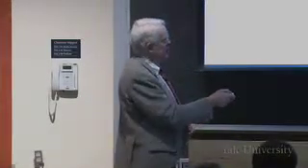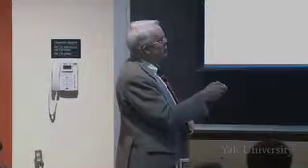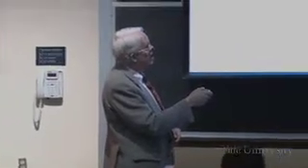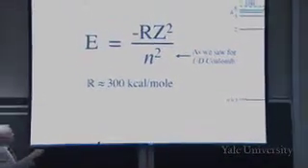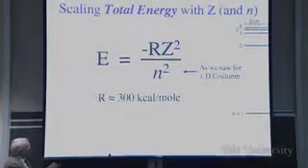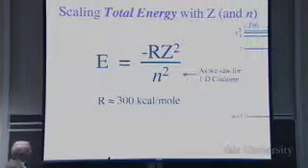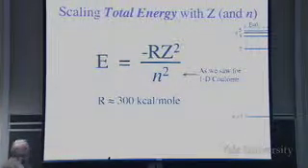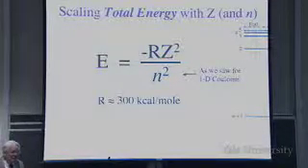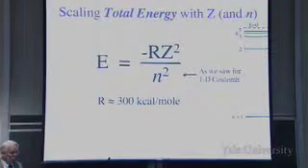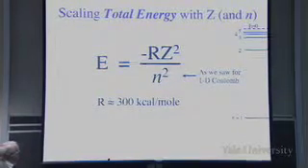Here's the 1s, 2s or 2p, 3s or 3p or 3d, 4s, p, d, f, and so on. But the distance from 0, the amount of stabilization, is proportional to 1 over n squared. And we saw the same thing in the one-dimensional Coulomb case. The energy was also 1 over n squared.